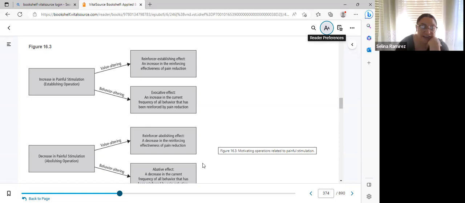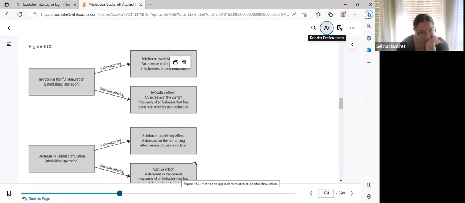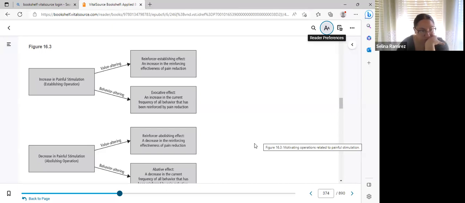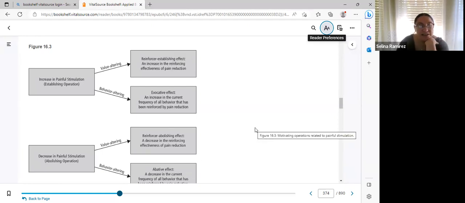We use this in ABA for everything. So think about really any situation. Peace gave a good example with escape. What about, we can try an attention.